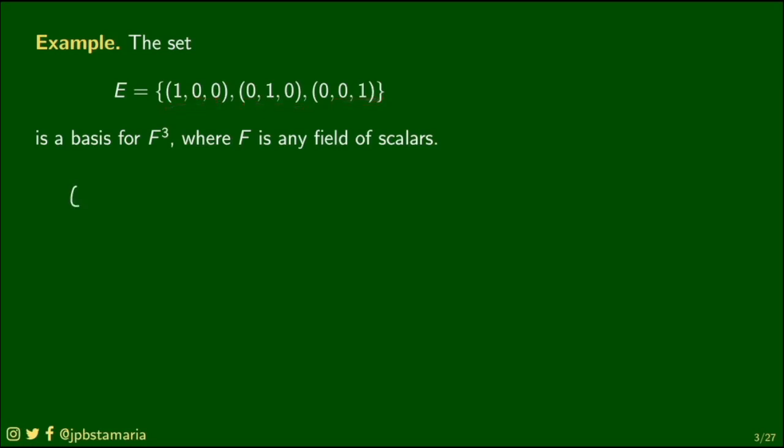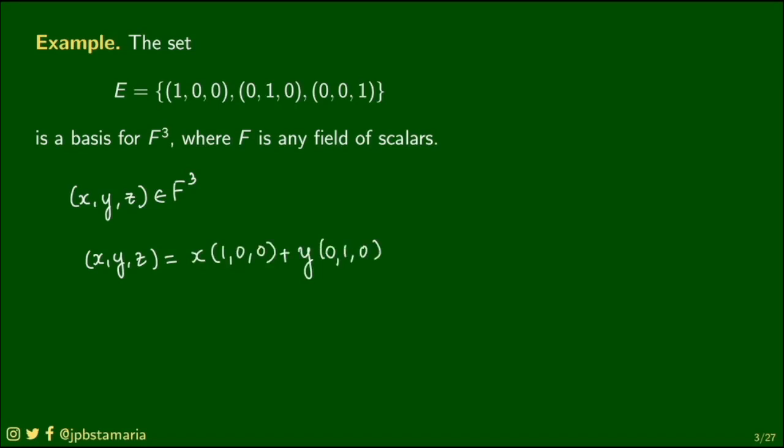For example, a vector (x, y, z) from F^3 may be written as x times (1, 0, 0) plus y times (0, 1, 0) plus z times (0, 0, 1). Therefore, the span of E is the entire F^3.